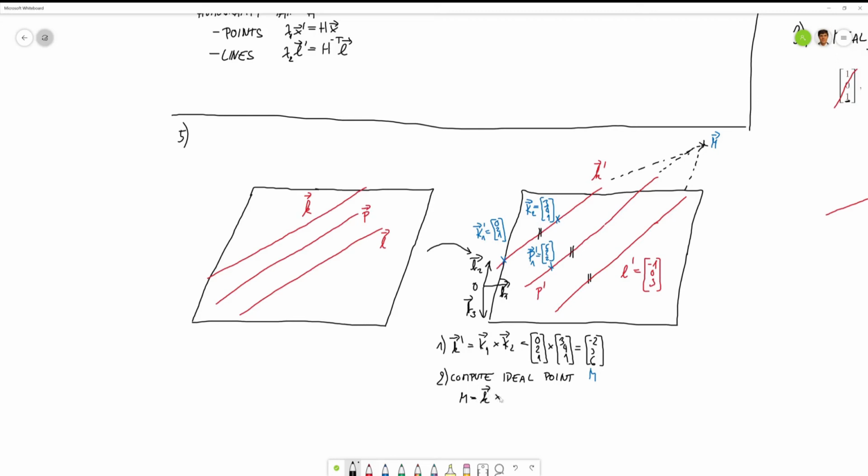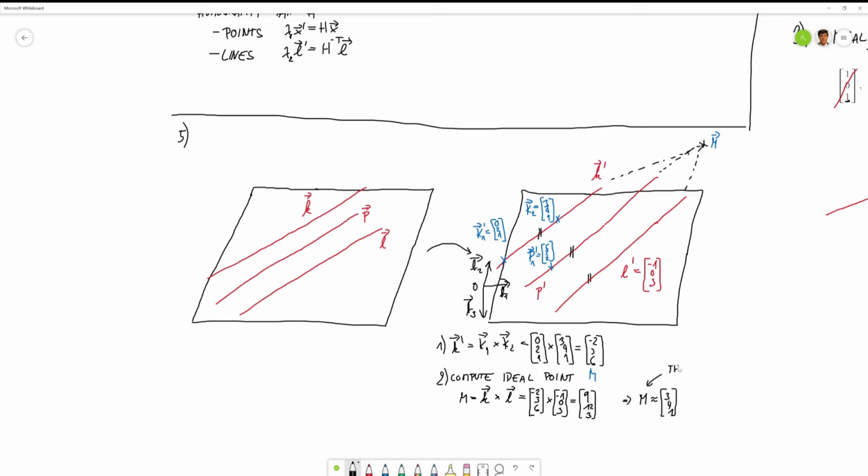However, we can see that it does not hold anymore, because k prime and l prime do not have a common point at infinity, so the third coordinate is not 0. So in the drawing there is a mistake. There should not be written ideal point, and k prime, p prime and l prime are probably not parallel in the image, but they were parallel in the original real affine plane.